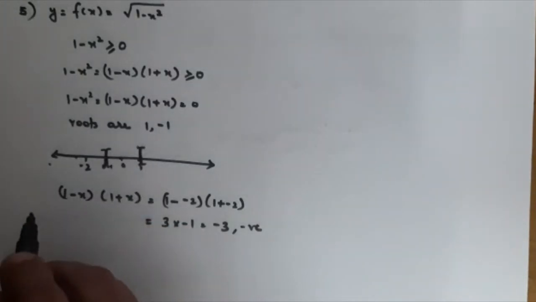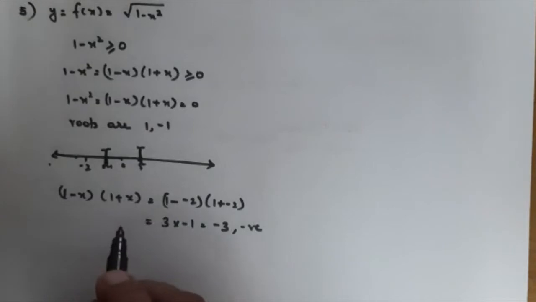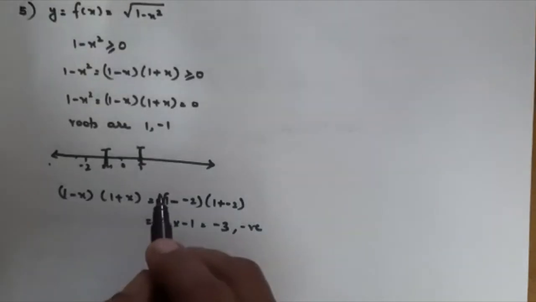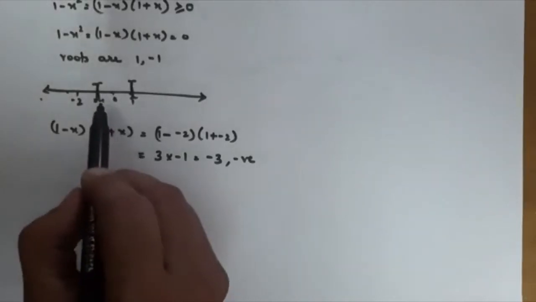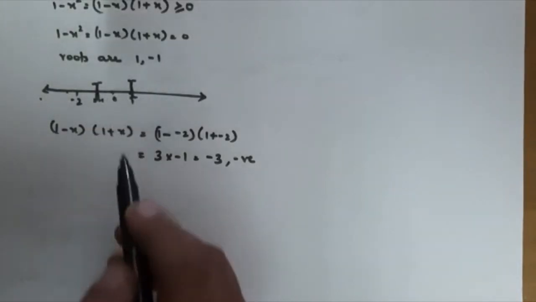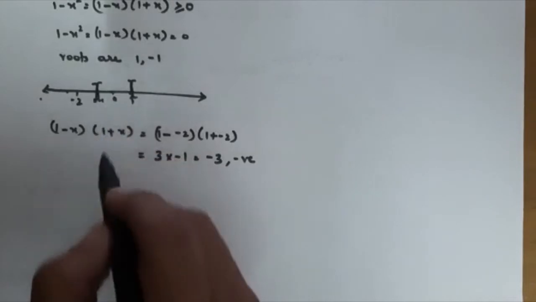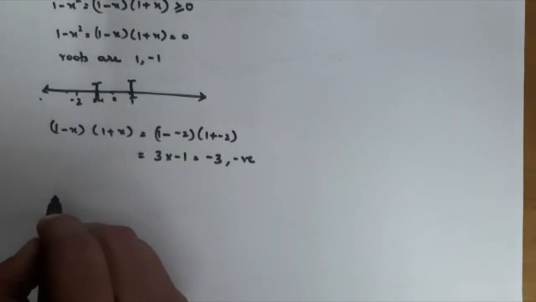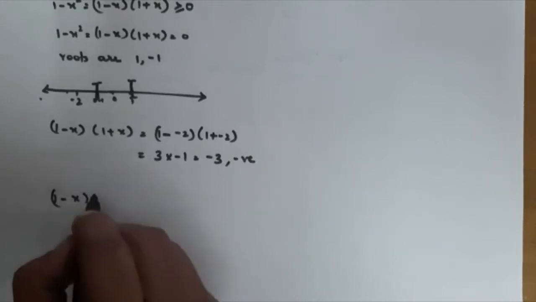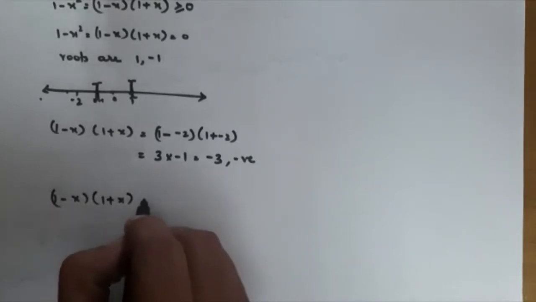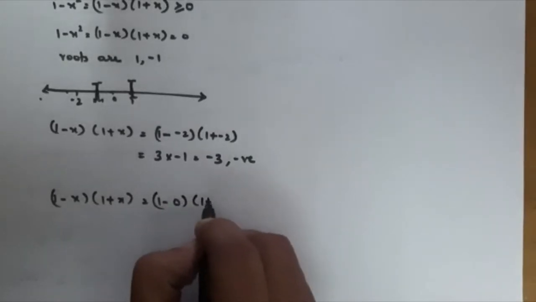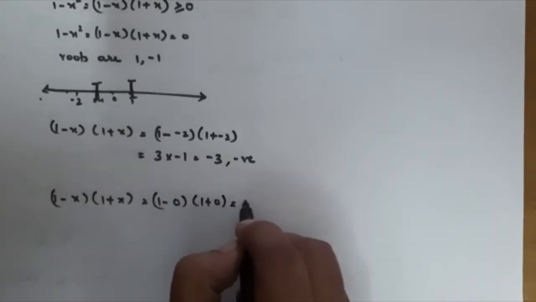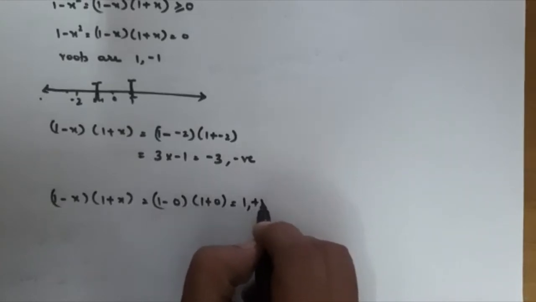Therefore, that part that is from minus infinity to minus 1 is to be avoided from the domain of this function. Now you take a value from the second part. Second part is from minus 1 to plus 1. You take a value 0 from it. Taking this value 0 for x, what will you get? 1 minus x into 1 plus x equal to, what is this? 1 minus 0 into 1 plus 0 equal to 1 into 1 equal to 1, which is positive.